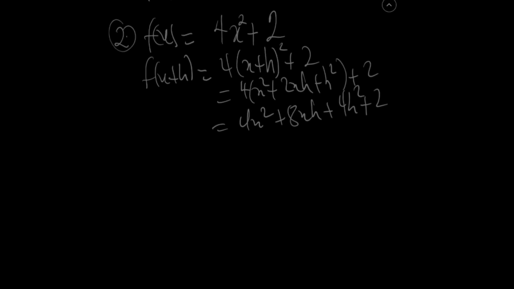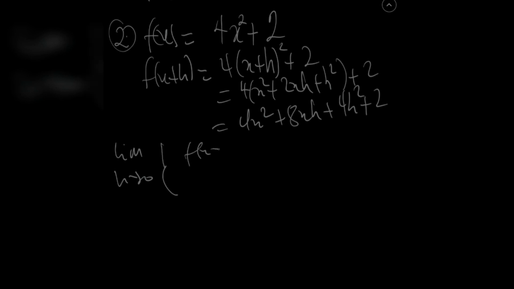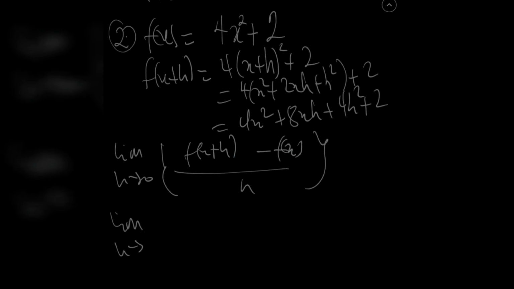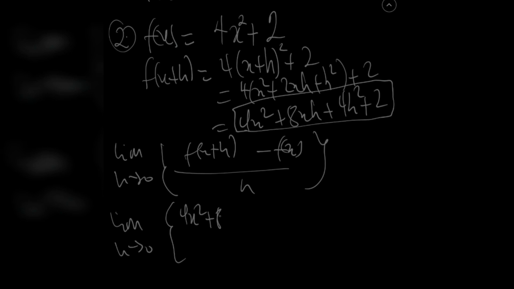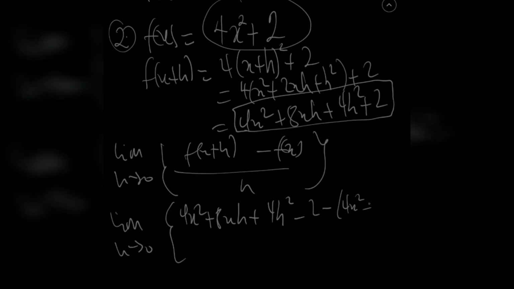Okay, so inserting it into the formula, f of x plus h minus f of x all over h, we get this. Sorry, f of x plus h is the whole of this, so replacing it, we get this, plus 4h squared plus 2, then minus f of x, which is the whole of this, so we get 4x squared plus 2 all over h.